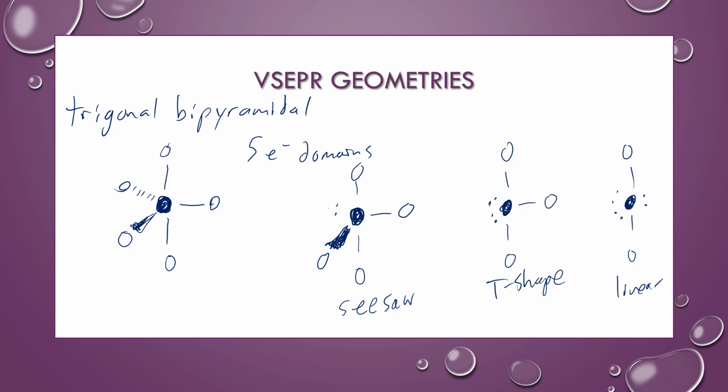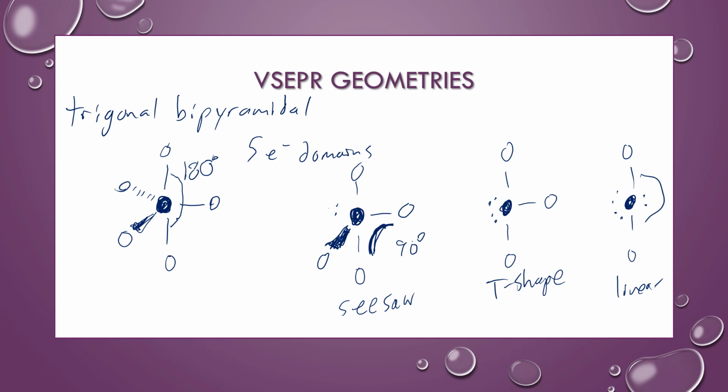So the bond angles for these molecules are different depending on which atoms you're comparing. If you're comparing the 2 axial atoms, or the 2 that are right across from each other, that's 180, just like for the linear. If you are comparing an axial to an equatorial, like these 2 atoms, that would be a 90-degree angle.